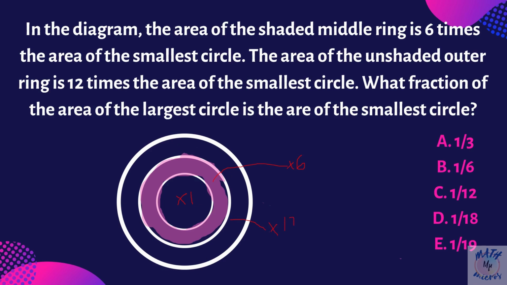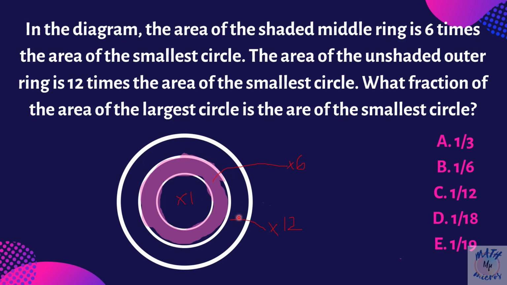From this they are asking what fraction of the area of the largest circle is the area of the smaller circle. This unshaded part is 12 times and this pink shaded part is 6 times. So what is the area of the total large circle? The area of the full circle should be all the times together, which is 12 plus 6, which is 18, and 18 plus 1 is 19.